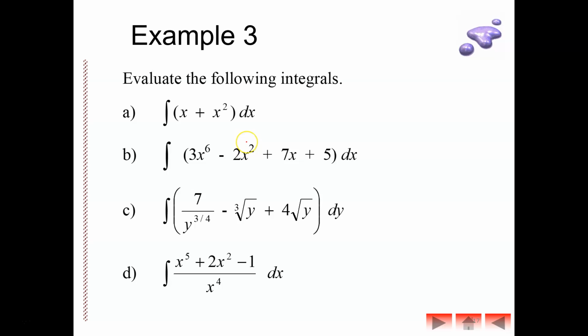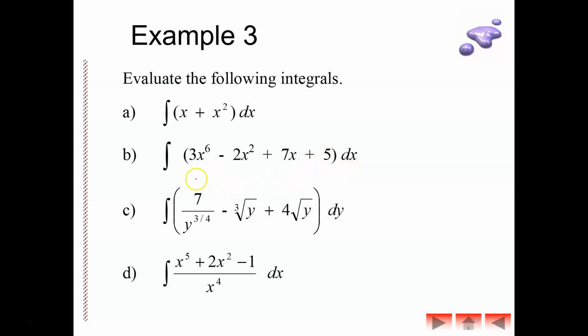We're going to see lots of examples so that you can understand better. Okay, evaluate the following integrals. A, integrate x plus x squared dx. So remember, you have two functions over here, x and x squared. And how about this? B, integrate 3x to the power of 6 minus 2x squared plus 7x plus 5 dx.